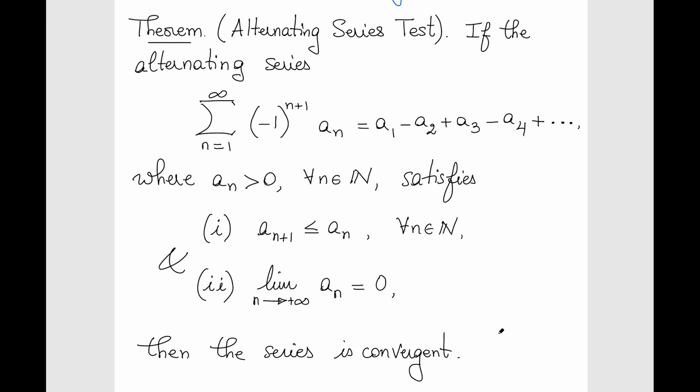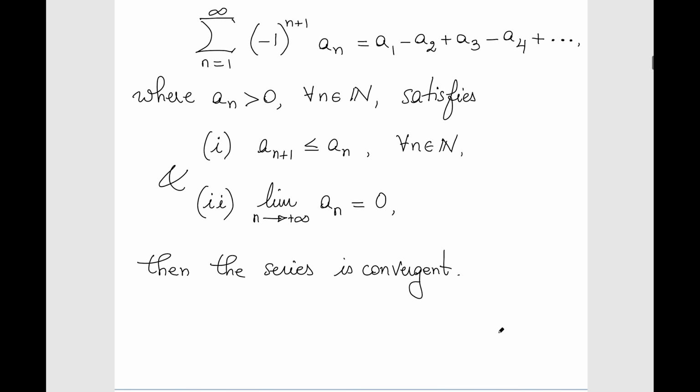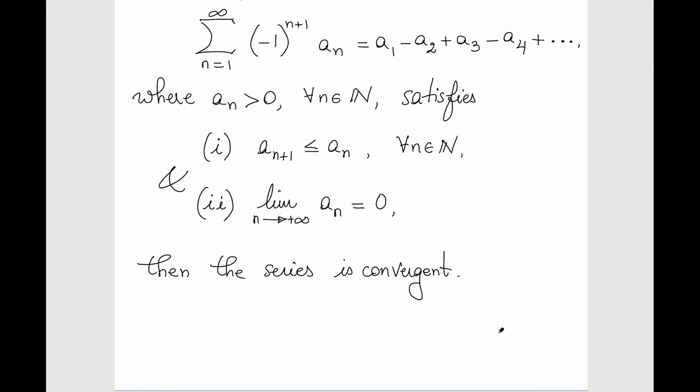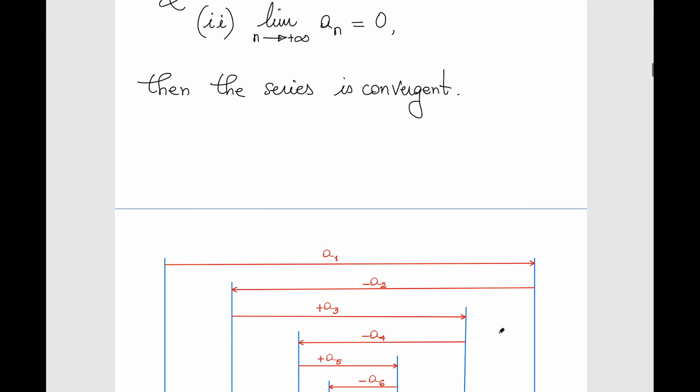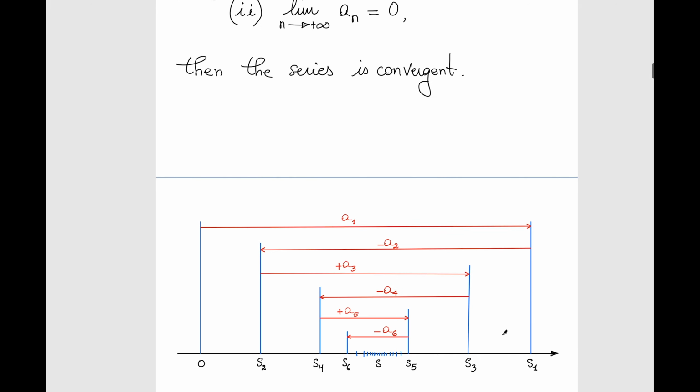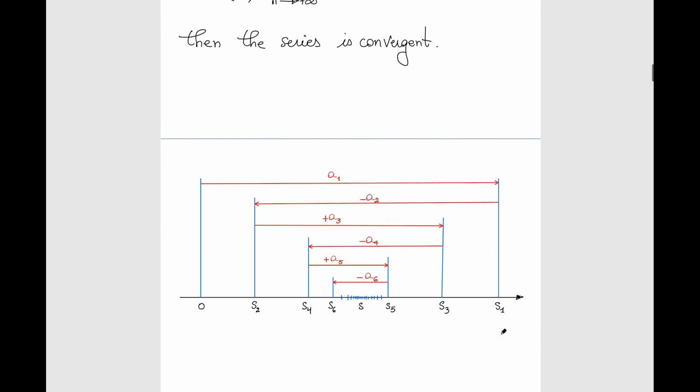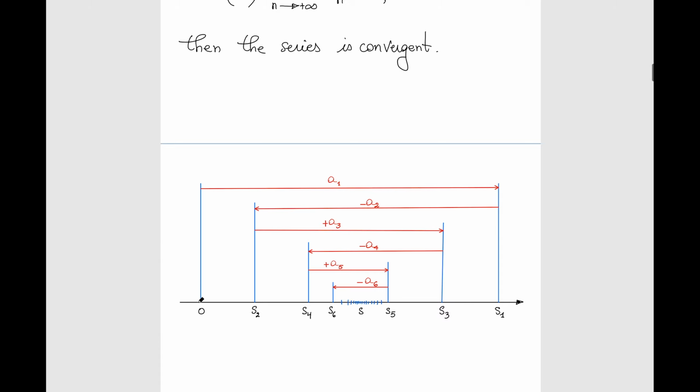All right, so how does the proof go? Before we actually focus on the proof, let's take a look at how the sequence of partial sums is behaving. Look at this picture. Well, the 0th partial sum, which means we haven't started yet, so we are at 0.